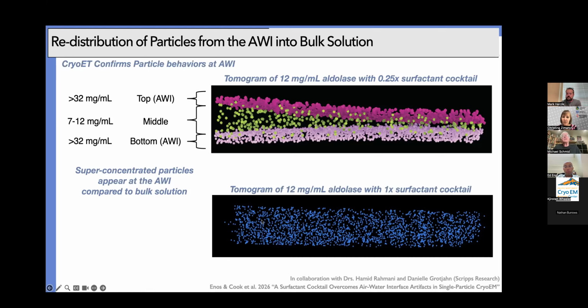Sort of, I mean, helical objects would present different views towards the air-water interface anyway. And with the helical averaging you have to do, you wouldn't really know which side was up and which side was down in a helix.